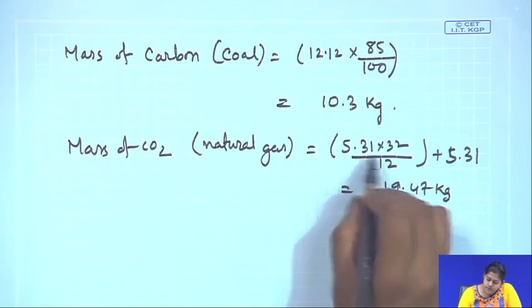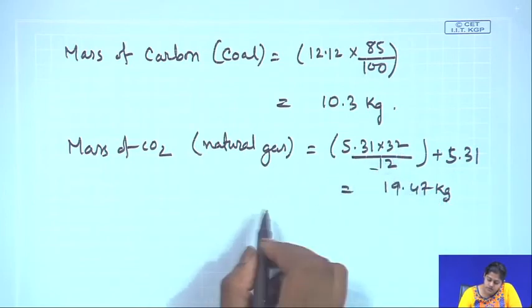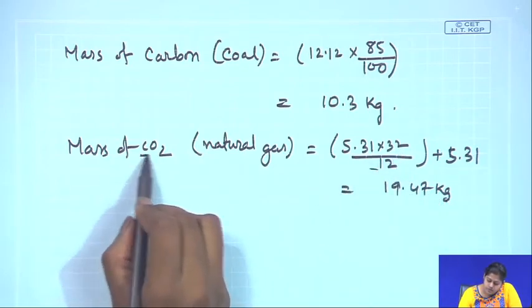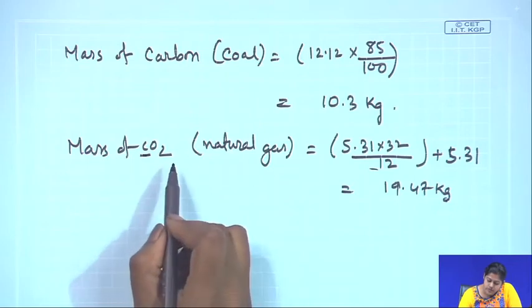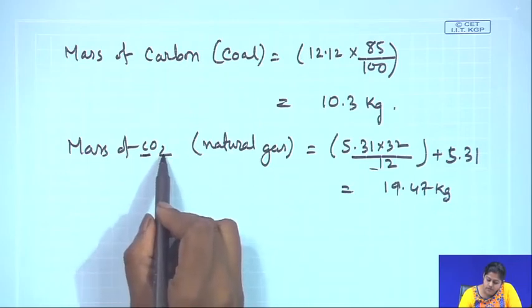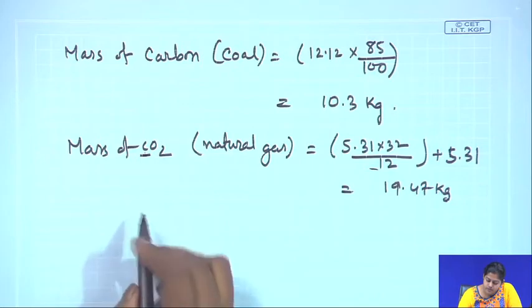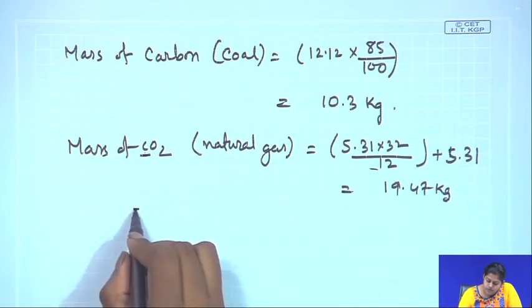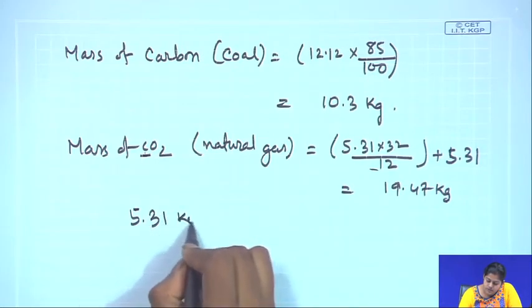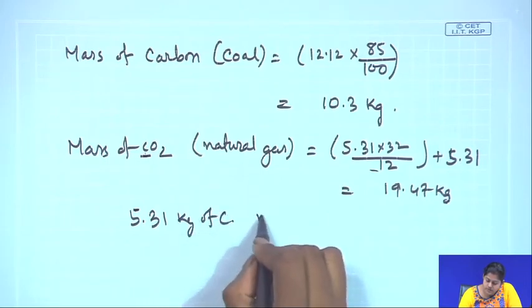So, why am I doing 5.31 into 32 divided by 12? Because we know the mass of carbon, we need to calculate how much oxygen will be required to match this value. We know that 5.31 kg of carbon is present in natural gas.